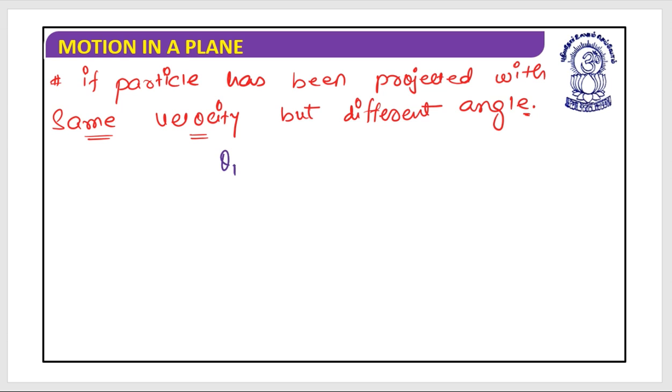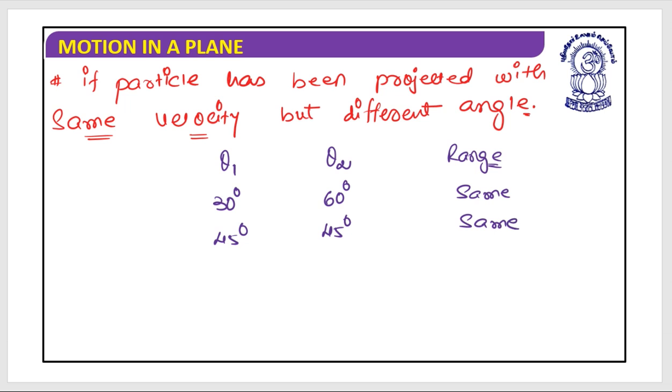Let's say this is theta 1, this is theta 2, and we need to identify whether the range would be the same or different. So let's say first theta is 30, here theta is 60 degrees, the range would be the same. If it is 45 degrees, again this is the complementary angle, then the range would be the same.